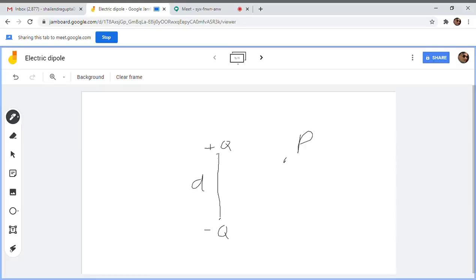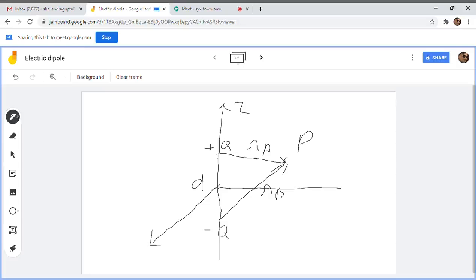Let us say this is at r_a distance, and this is at r_b distance. Let this be the center. This can be the z dimension, this would be the x dimension, this can be taken as the y dimension. So from the origin, P is displaced by r.